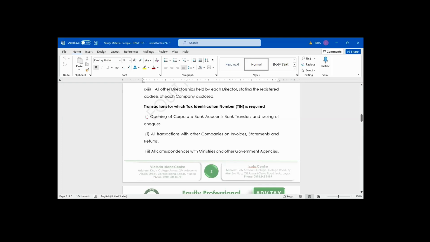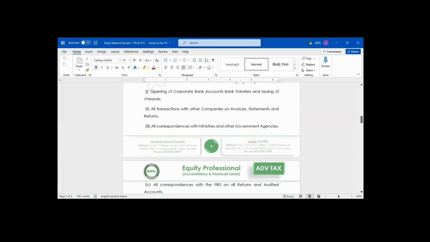All correspondence with ministry and government agency. If you want to do any correspondence with a ministry, or collect any document in the ministry or any government agency, they may ask for your tax identification number.